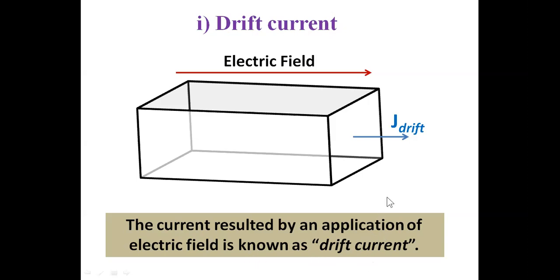Now let's try to understand the mathematical formulation of this drift current density. Let us consider J suffix drift represents the net current flowing along the x-axis due to the application of electric field along the x-axis. We know that in our semiconductor there are two types of charged particles. The first one is electrons.